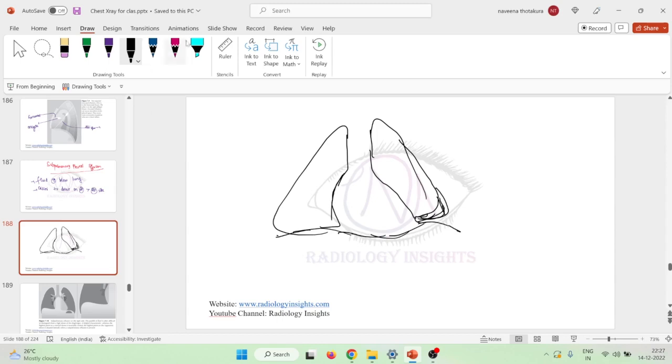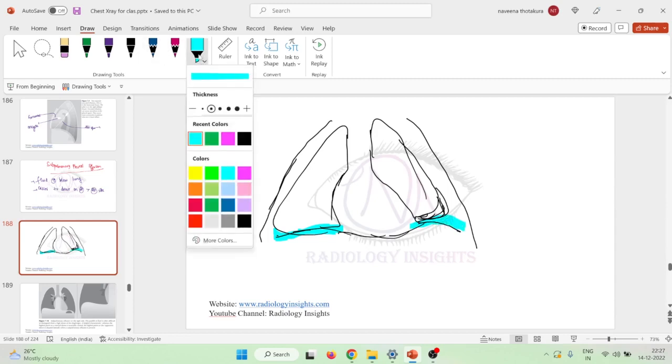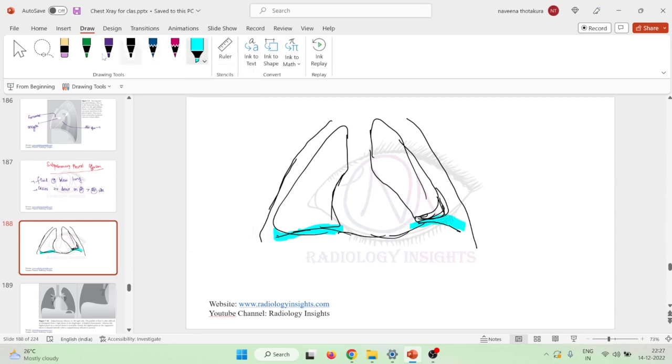Now, the effusion is present, but here the effusion is not filling the recesses. Normally, it should fill the costophrenic recess, right? But what happens is the effusion here is present below the lungs. Because the effusion is present below the lungs, one thing that happens is that the diaphragm position will vary.